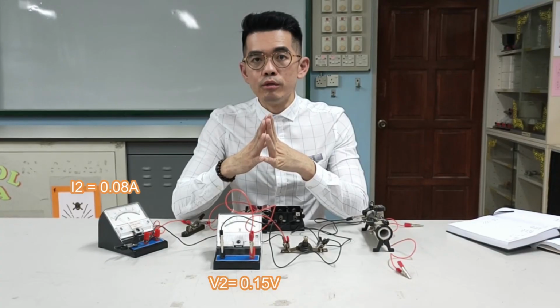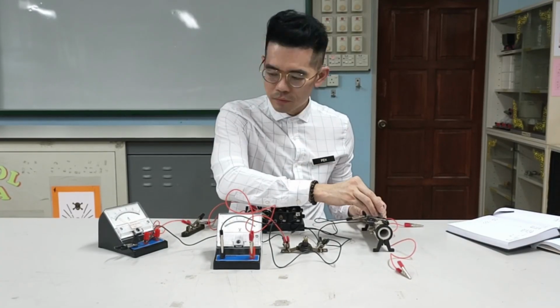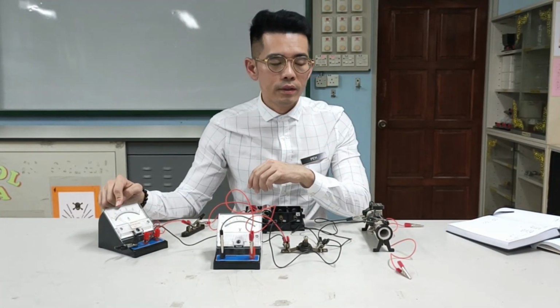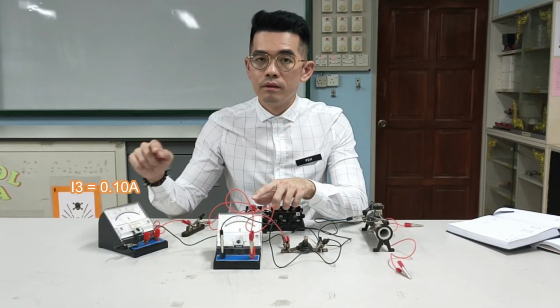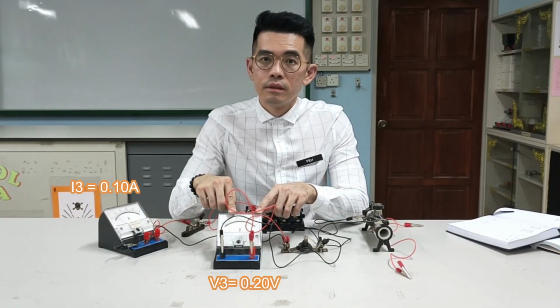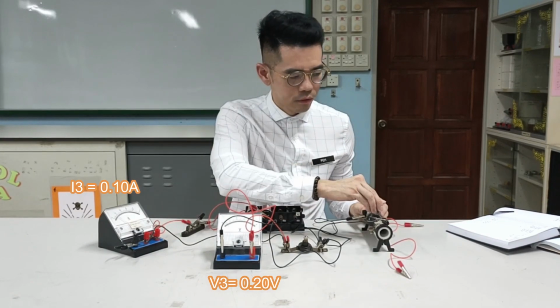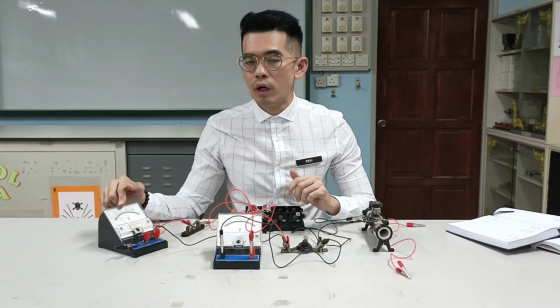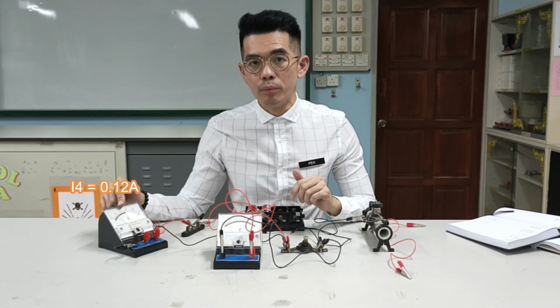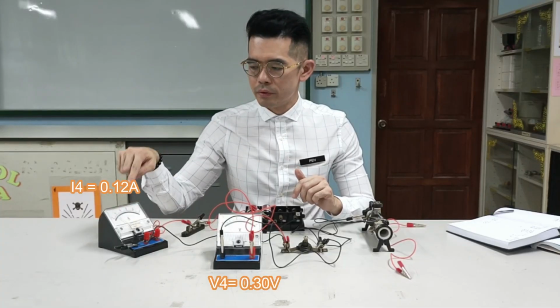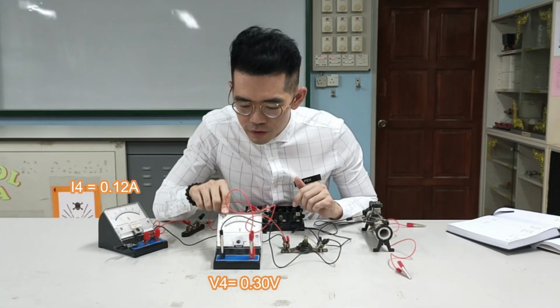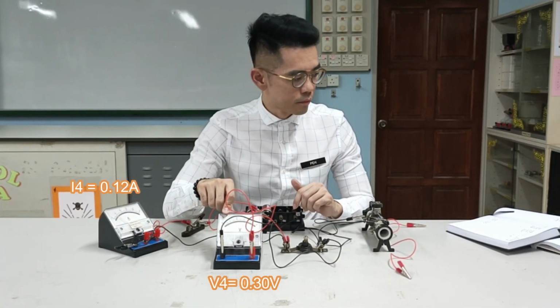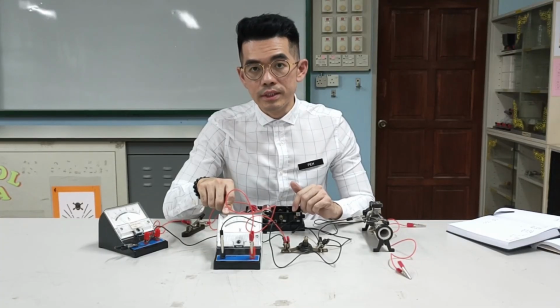Our third reading will be 0.10. Okay, so this is 0.10 and our voltmeter reading here will be 0.20 volt. Our fourth reading is 0.12 ampere, which gives us 0.30 volt.